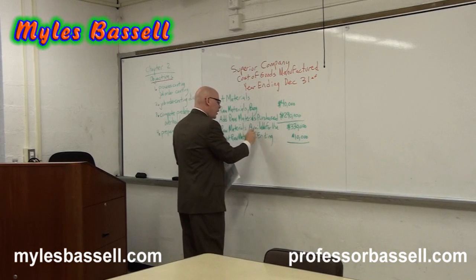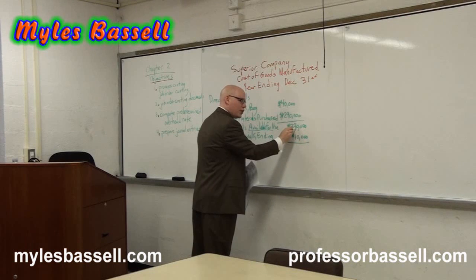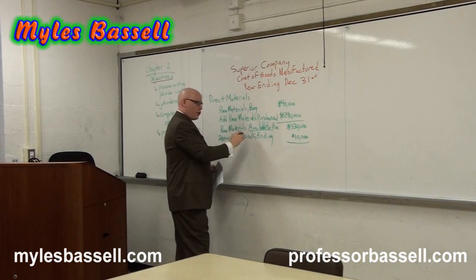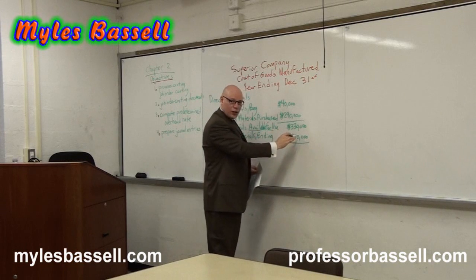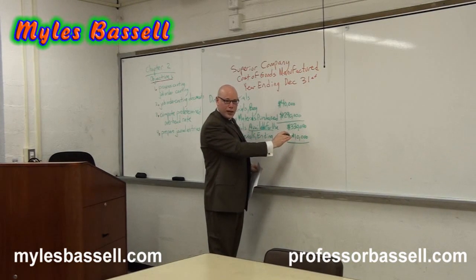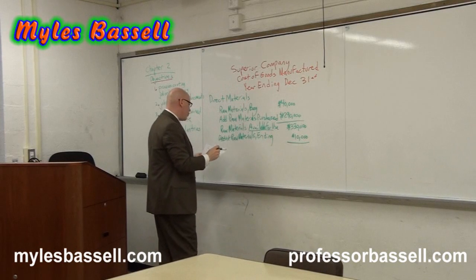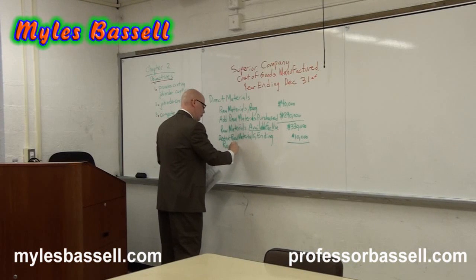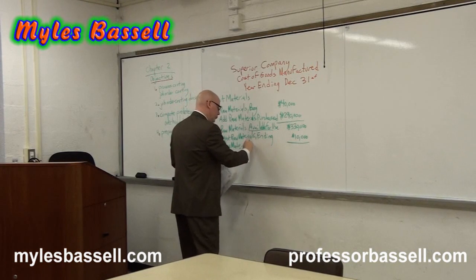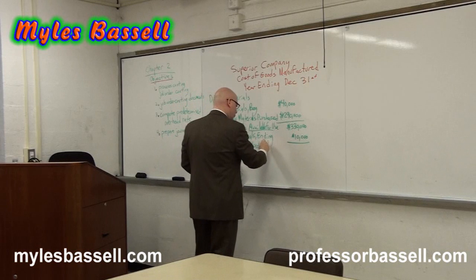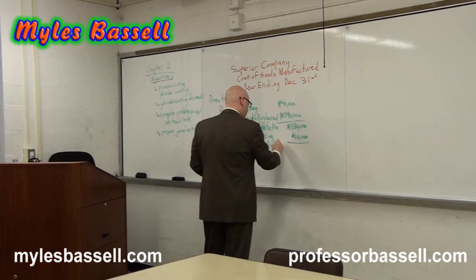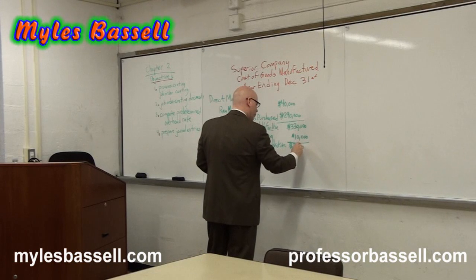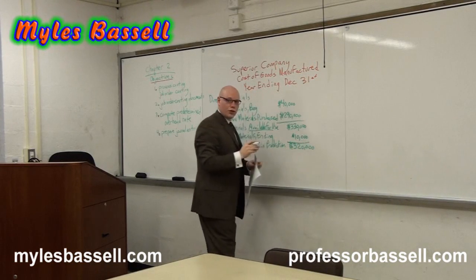So if we had available for use 330,000, and then at the end of the period we had $10,000 worth of raw materials left, that means how much was used in production? $320,000.